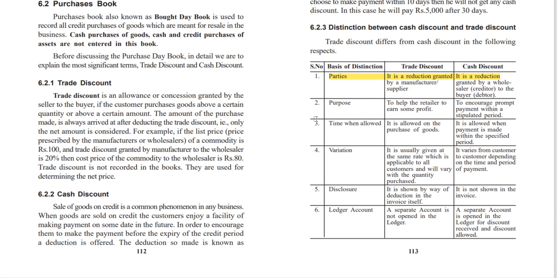Okay, but what is cash discount? Assume you have purchased a refrigerator for your home worth rupees 20,000 on a credit basis, for which you are paying EMI regularly for the next 1 year.